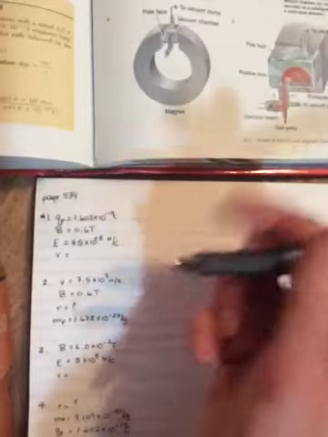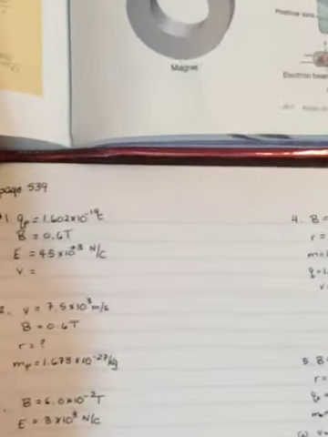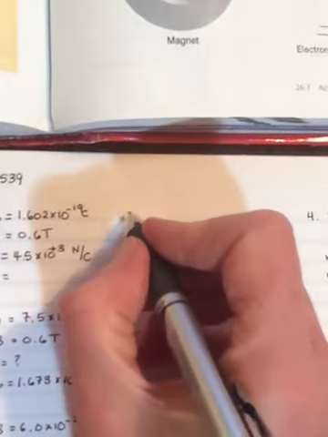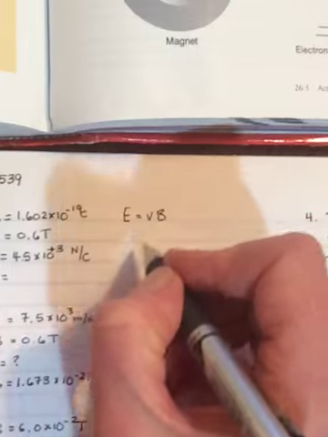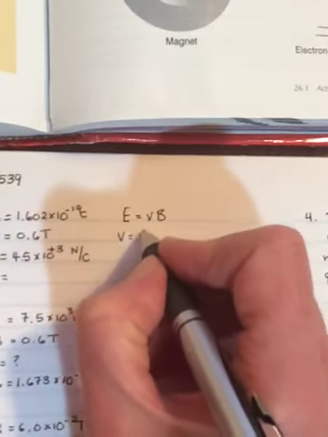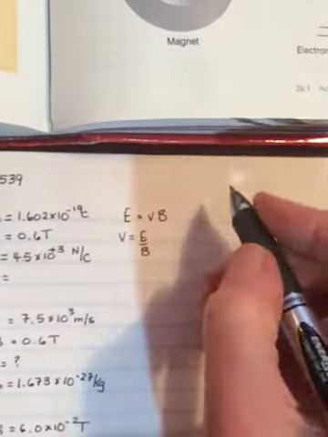What is the speed? For all of these, there are really two equations that we're going to use. The first one is E equals VB, and this one wants V, so V equals E over B. Not very complicated.